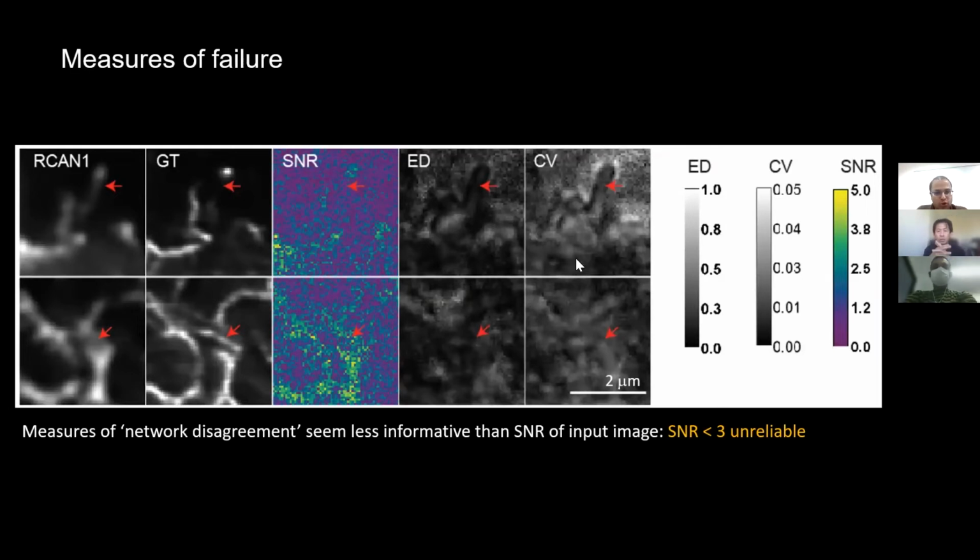So, just giving you a few empirical examples here, if you zoom into the ER and look at these cases on the left where the RCAN gets it wrong, the ensemble disagreement or the sigma over the mean, the so-called coefficient of variance, are not especially informative. You can look at these and they're not predictive of where the network fails. If the SNR falls below some level, this is where the network starts to fail.